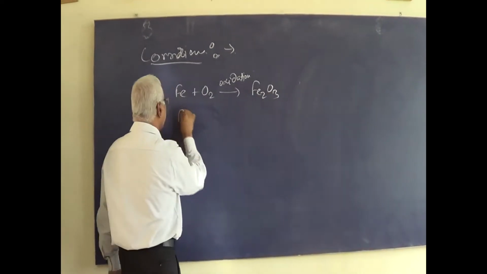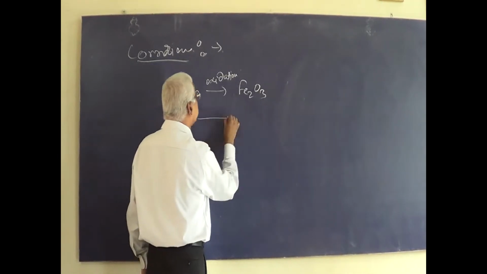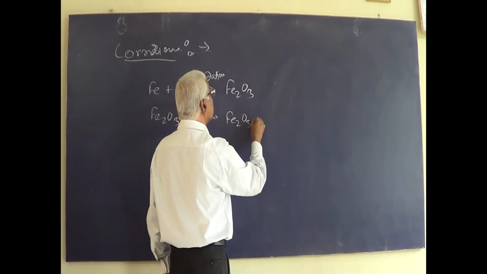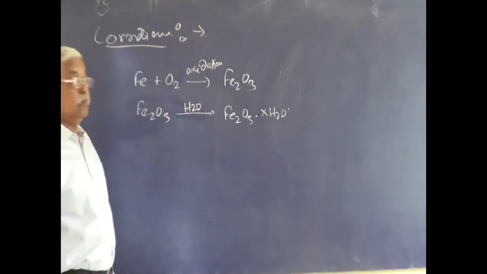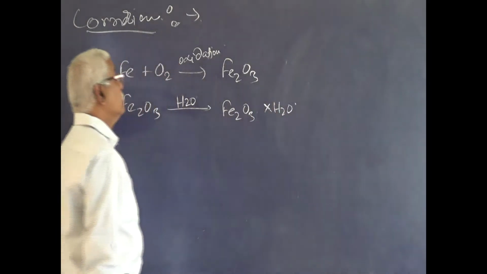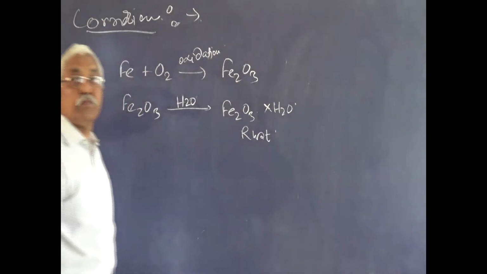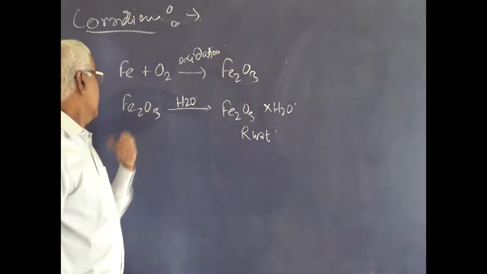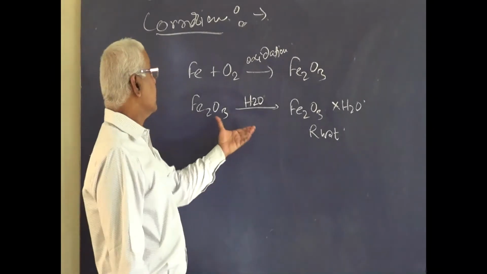This iron oxide, in presence of moisture, gives Fe2O3.xH2O. It is called rust. So metal is getting converted into metallic oxide. In presence of moisture, the rust formation takes place. This is called rusting of iron.